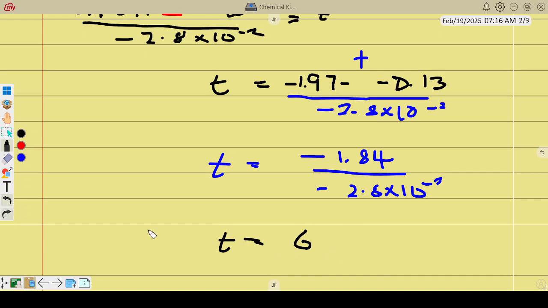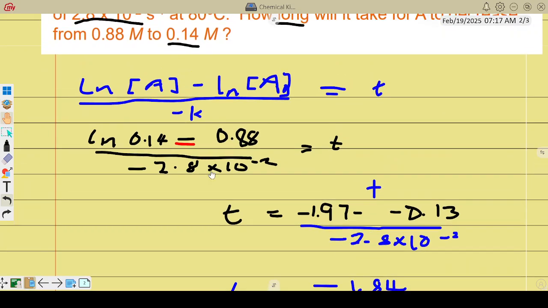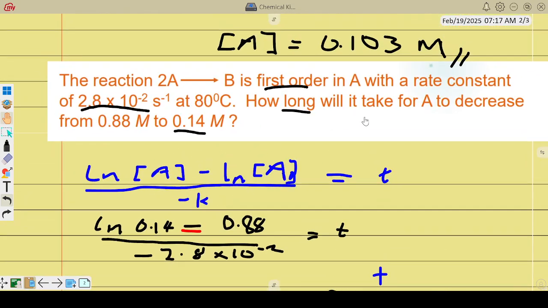I'm doubting my answer, so you can solve it through and see what you get. So this is our answer in seconds. So we found the time. They didn't specify like in hours, so this time is in seconds because the rate constant, you can see it as seconds there.